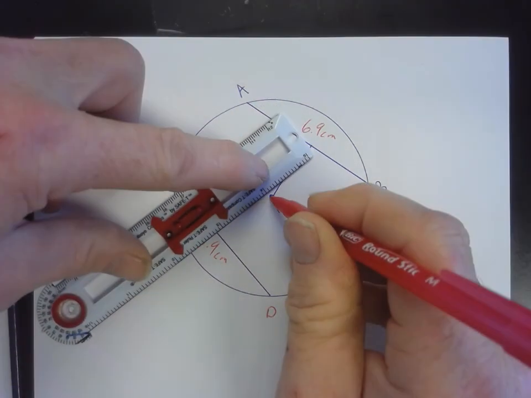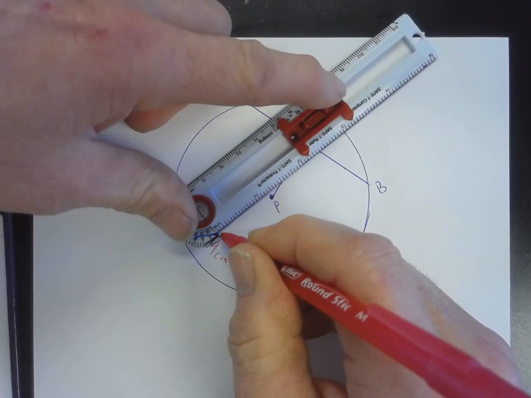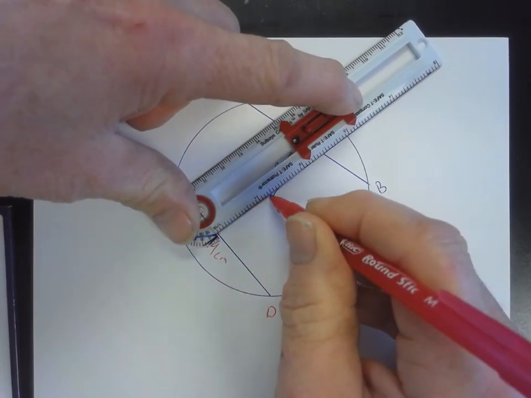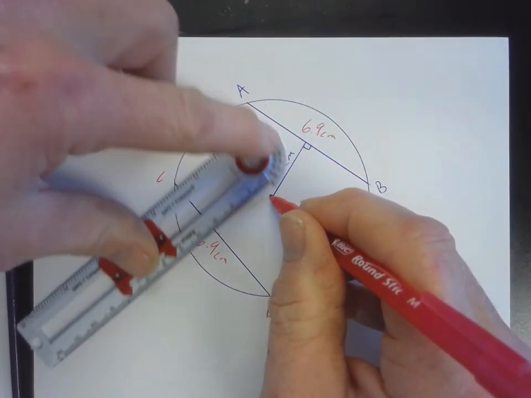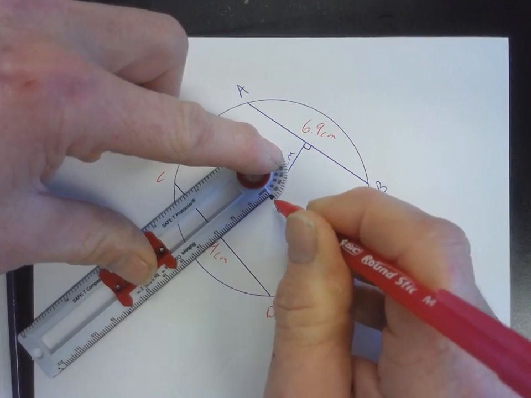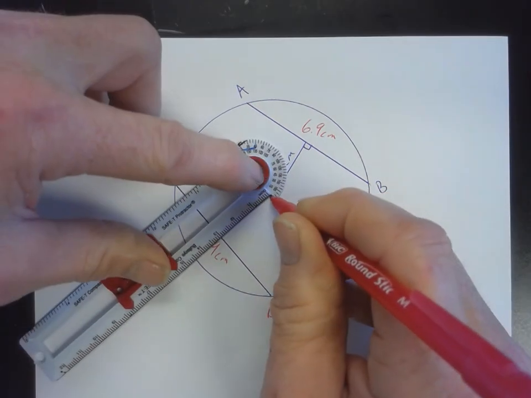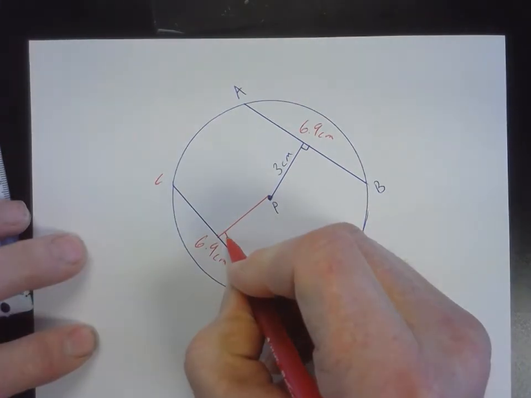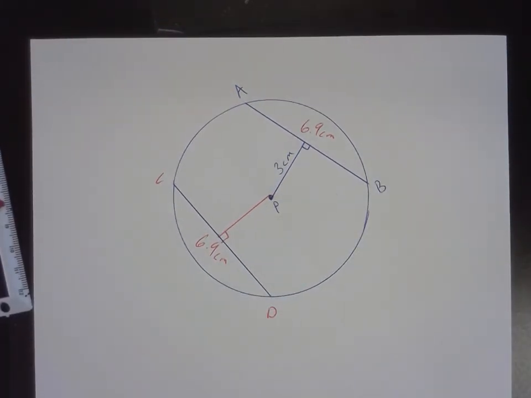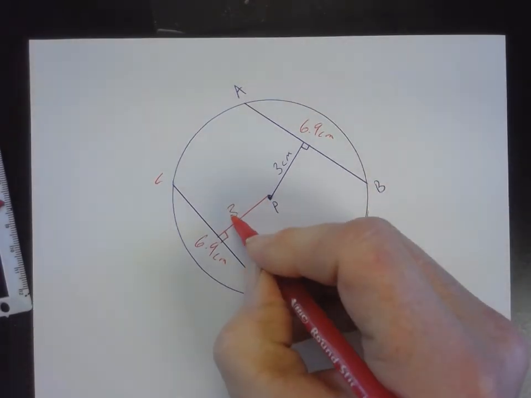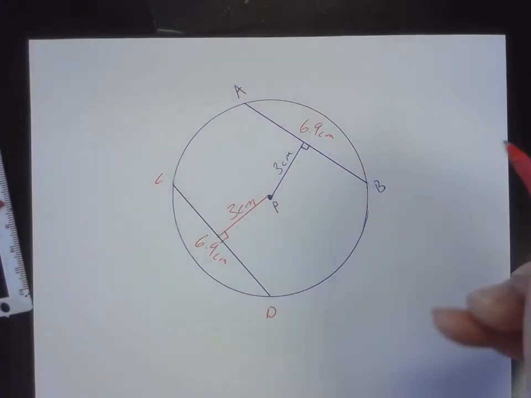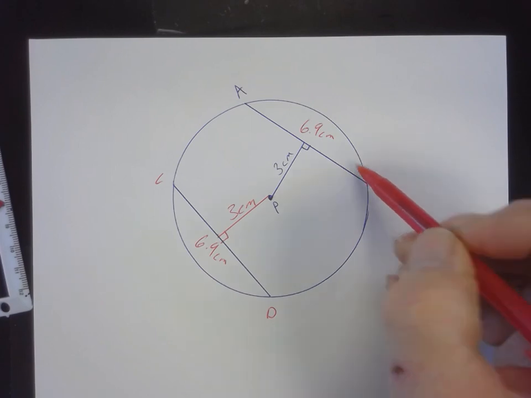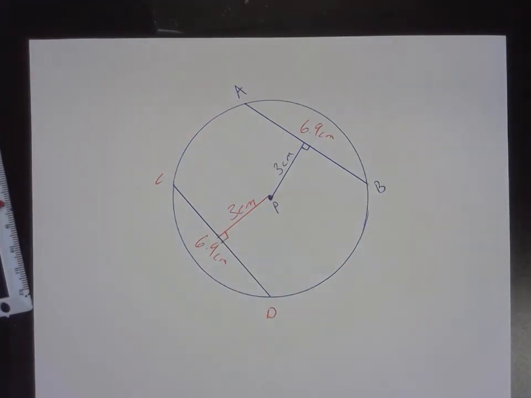Maybe I should flip it around so we have centimeters again. And move my book. I don't know if you guys could read it on my ruler, but if the two chords are equidistant from the center, then they're the same length. If they're the same length, then they're equidistant from the center.